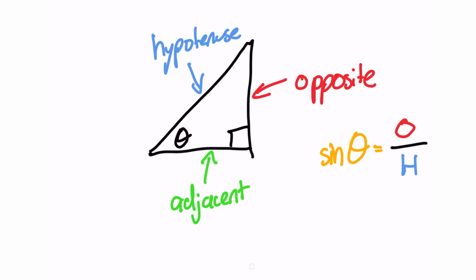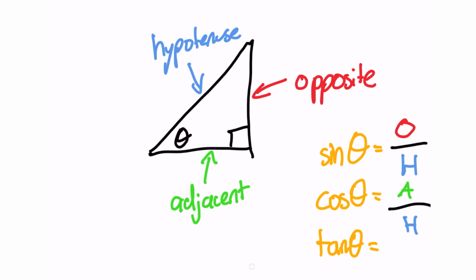Now we'll go into a little bit more on that later. The next we have is cos theta. Now cos theta, that's equal to the adjacent side over the hypotenuse. And the last one is tan. And tan theta is equal to the opposite over the adjacent.